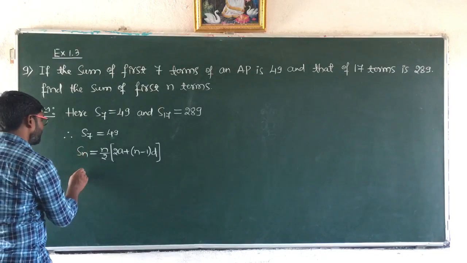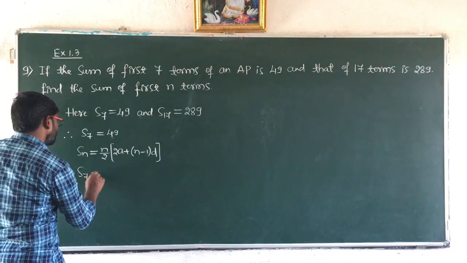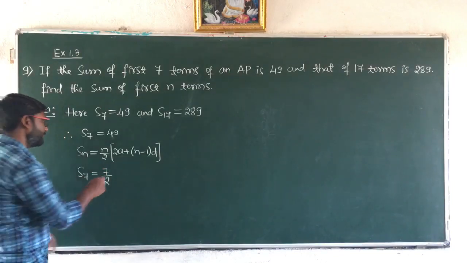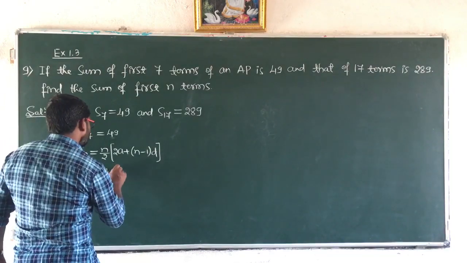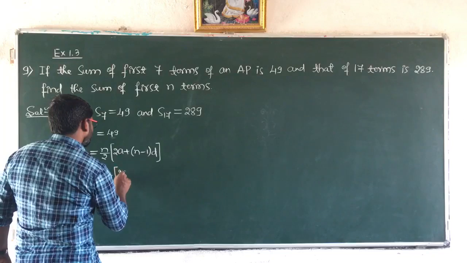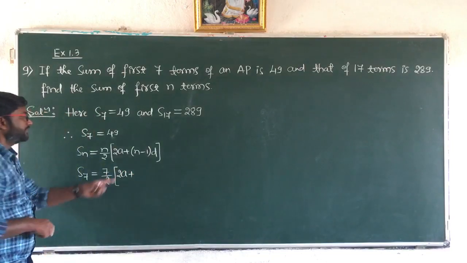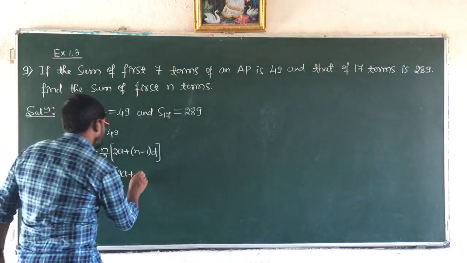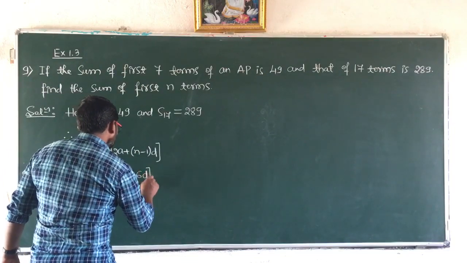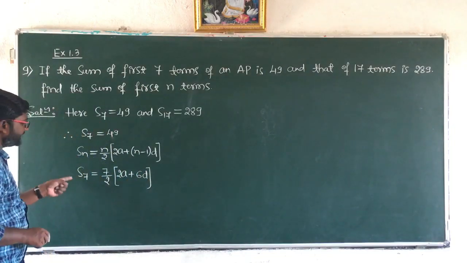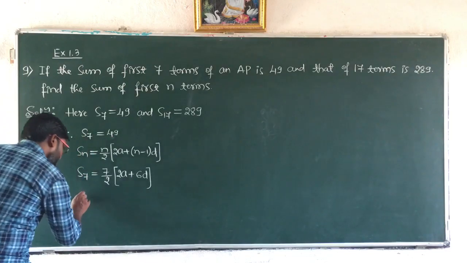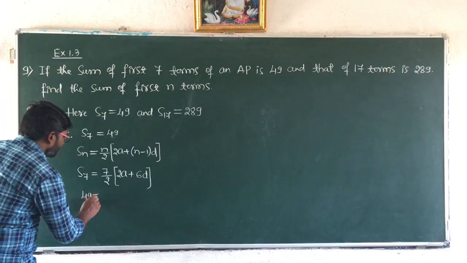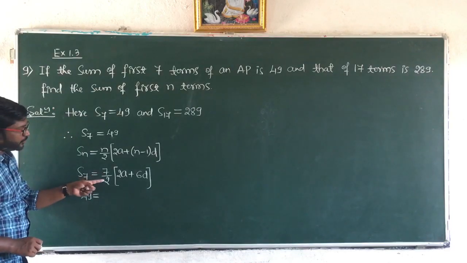So we get S7 which is equal to 7 by 2 inside the bracket 2a plus, what is the value of n here? It is 7. 7 minus 1, 6d. Now what is S7 here? It is 49. So write 49 here, which is equal to. So now take this 2 inside the bracket.